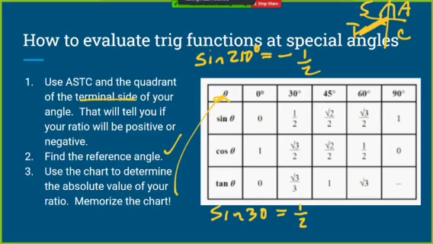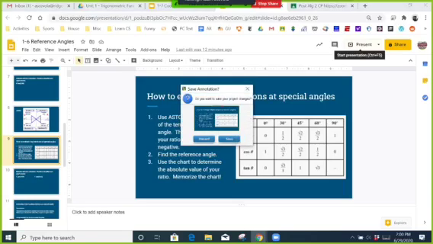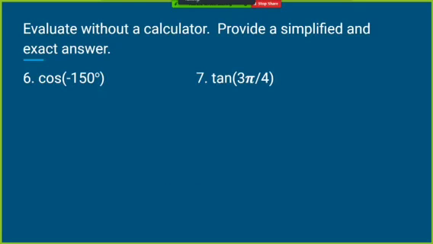If I did the sine of 150, that would be positive 1/2 because 150 is in quadrant 2, and that's where sine is positive. And it's the same reference angle as 30, so that's why these are going to equal each other. Let's try a couple more. So now the cosine of negative 150.